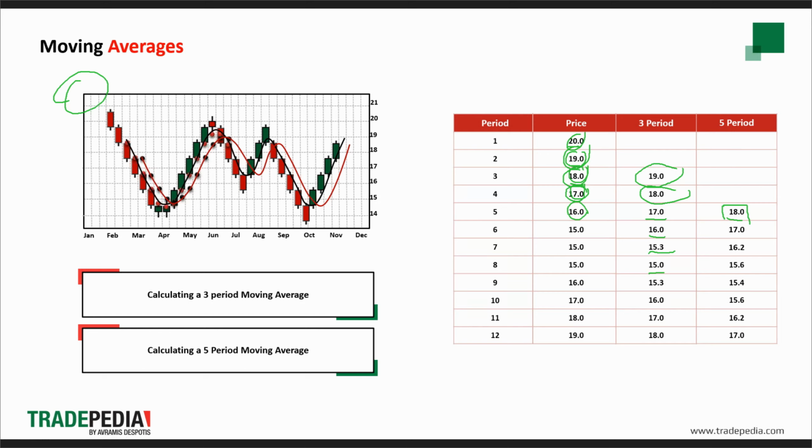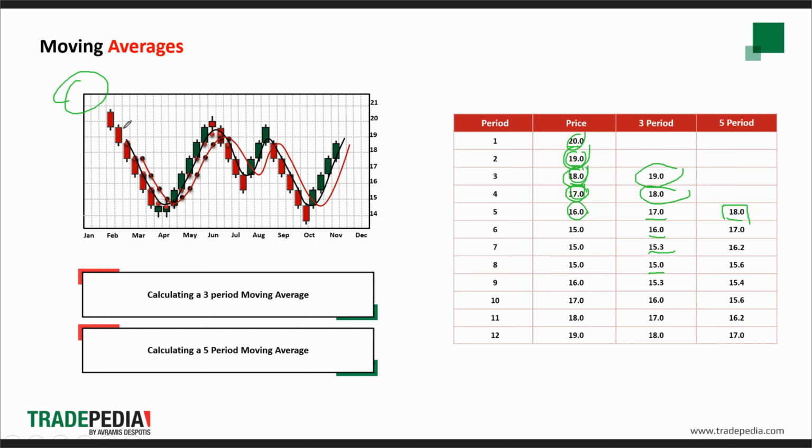If you plot both on the graph, you can see that the shorter moving average, which in this case is the 3-day moving average, is closer to price. It's more sensitive to price movements, and it makes sense, because you're only getting the information from the past 3 days, whereas for the 5-day moving average, you're getting it from the last 5 days. So it's not as sensitive to price movement as compared to a 3-day moving average.